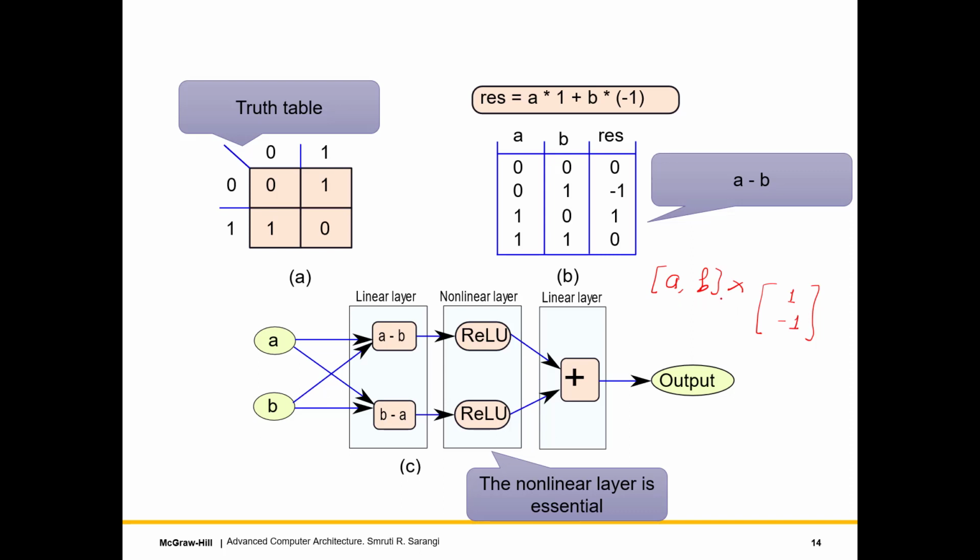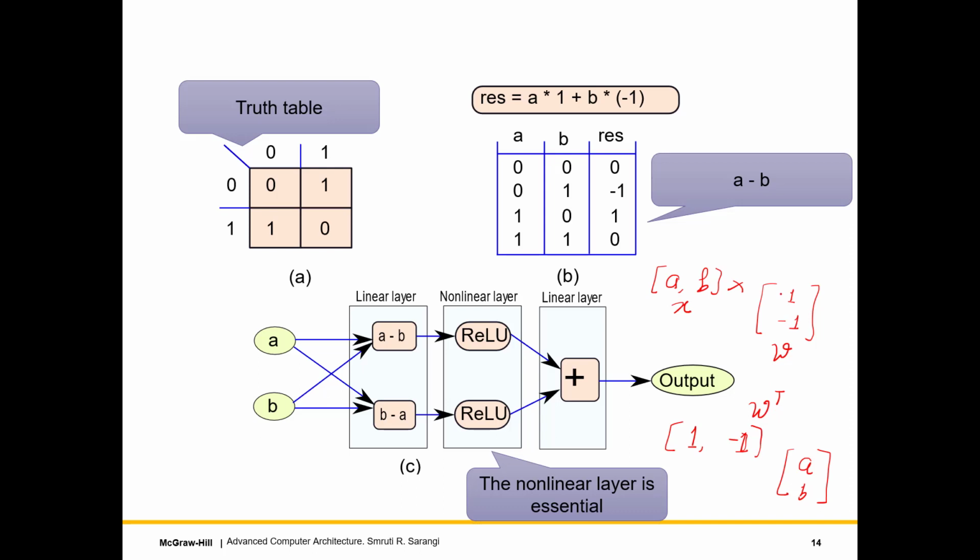So it's a multiplication of a column vector and a column vector. So of course, it is the transpose of one with the other. So we can also say it's a product of 1 minus 1 with AB. So in this case, we can say that if this is the weight vector and if this is the input, then basically we are computing weight transpose.